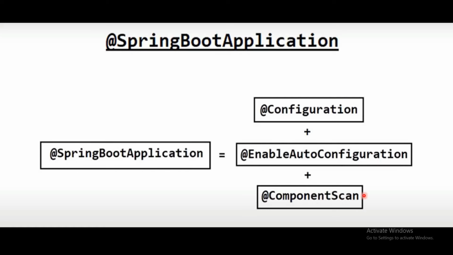Then @ComponentScan is used to scan for the classes to represent them as Spring beans. If no package is specified, then the current class package is taken as the root package. Then we have seen the run method, which contains some logic which is used to bootstrap our Spring Boot application.